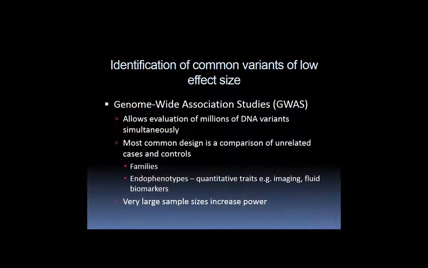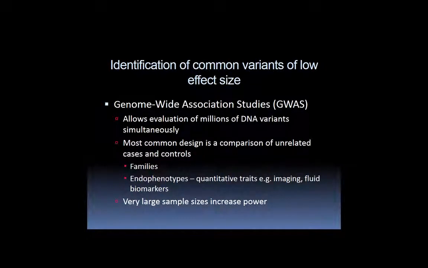What we were doing in linkage was probably of the order of hundreds of DNA markers covering the whole genome. Now we're looking at millions simultaneously. This was a huge breakthrough for genetic studies, because it allowed you to genotype many more variants in the genome, assessing many more points.